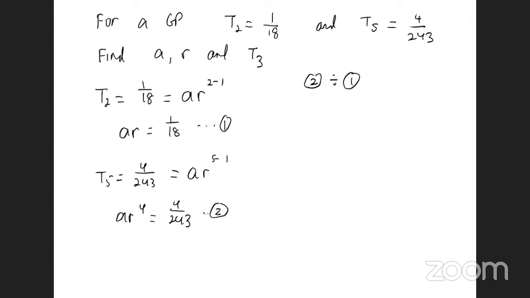So take AR to the 4th, which is 4 over 243, and divide it by AR, which is 1 over 18. Put that in the calculator. The A cancels. R to the 4th divided by R will give you R cubed. Put this in the calculator and tell me what you get, please.